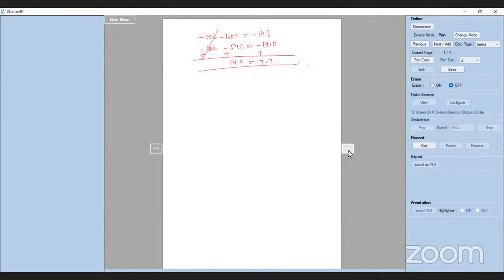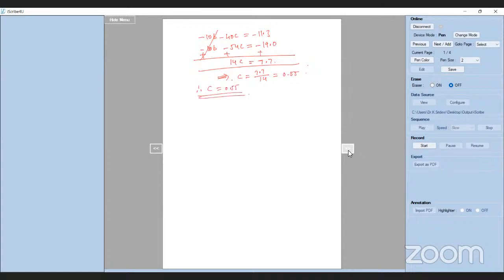So C is equal to 7.7 divided by 14, which is 0.55. Therefore, C is equal to 0.55.